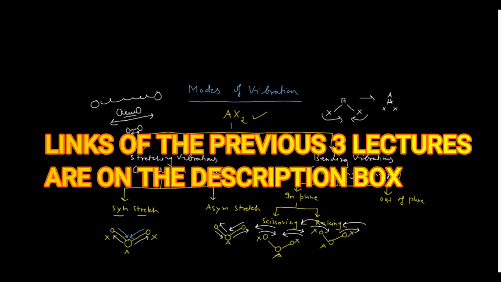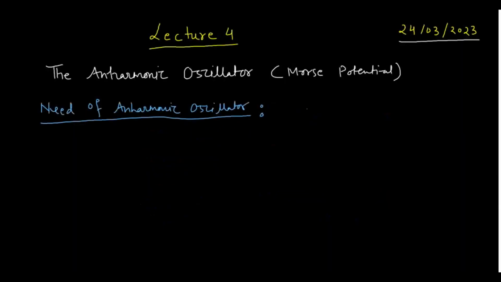So this parabola generally does not hold at all for real molecules. That's why we need the anharmonic oscillator model, the Morse potential. So this was the need for the anharmonic oscillator.